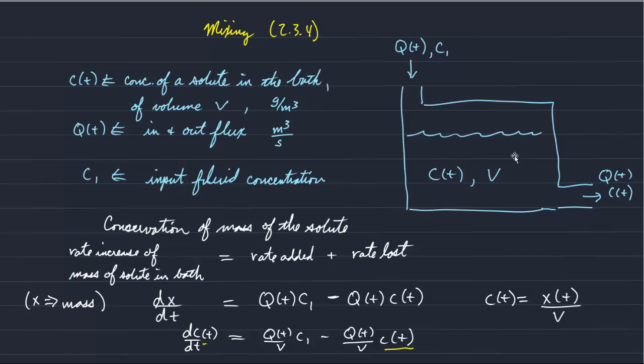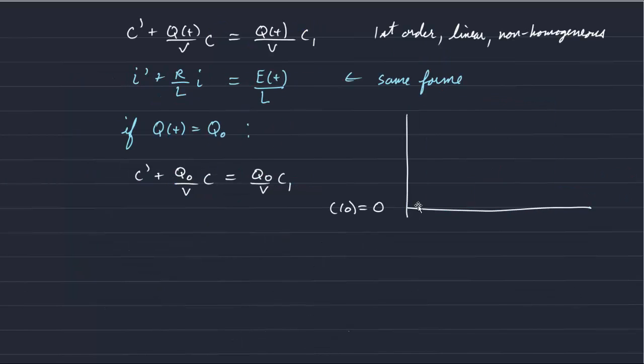And we're assuming that the bath is mixing perfectly so that the concentration leaving the system is equal to the concentration in the bath. So when we start off at t equals 0, again, our concentration is 0.